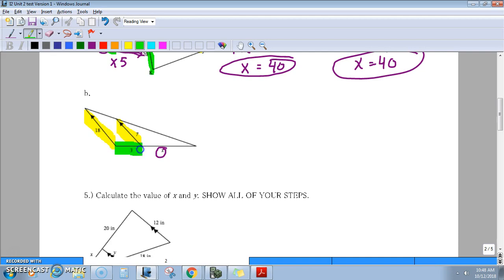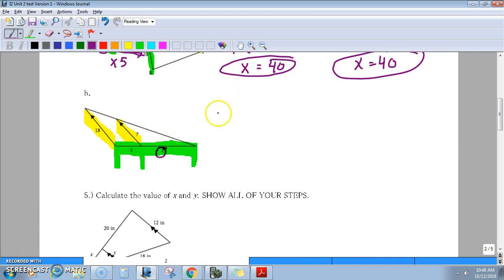We have this long side. We don't know how long it is. And then we also don't know this side. Well, let me show you what it's going to look like.